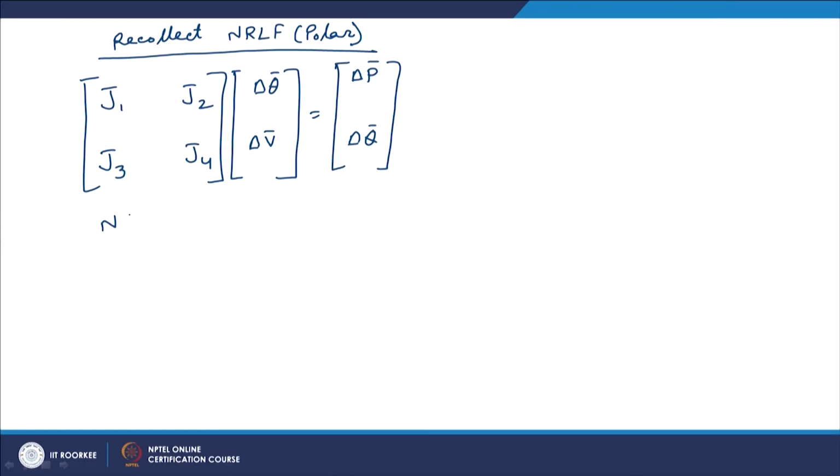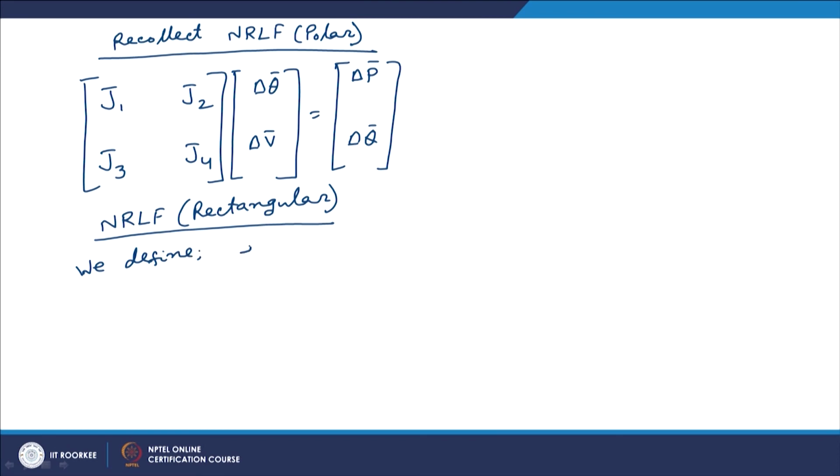Now, what happens in the case of NRLF in rectangular coordinates? We define my unknown vector E as E2, E3, up to En transpose.